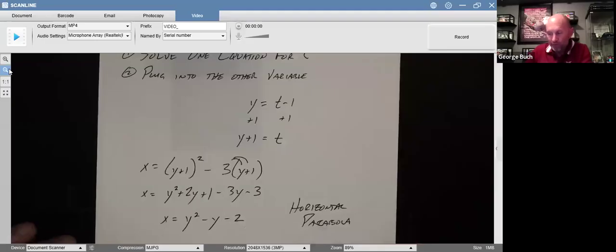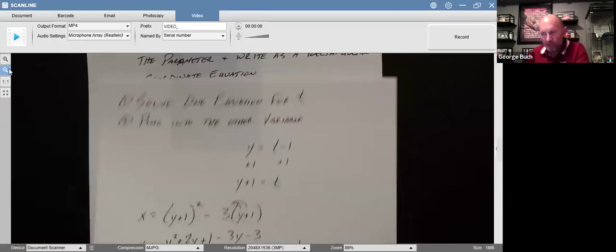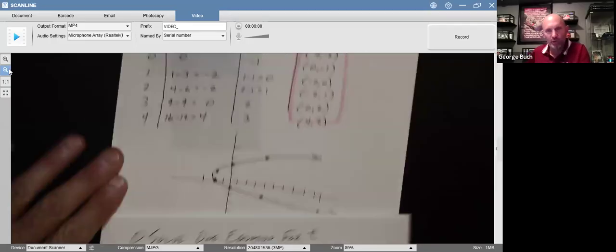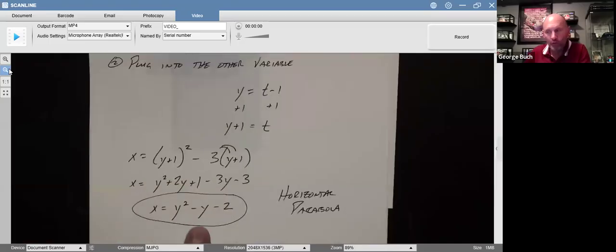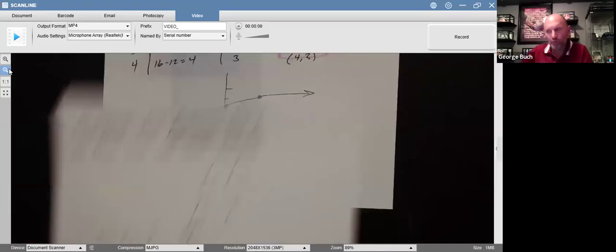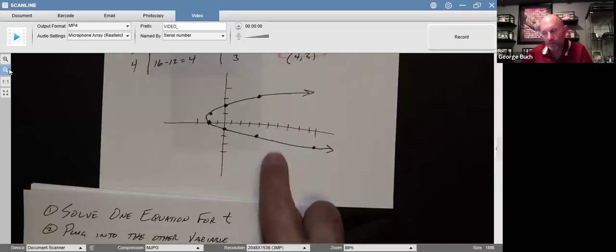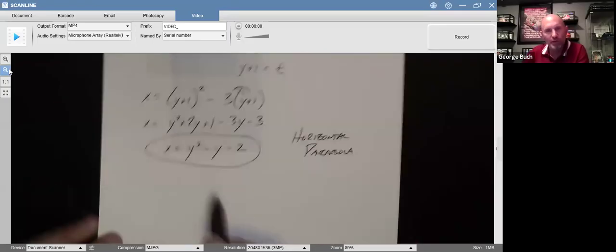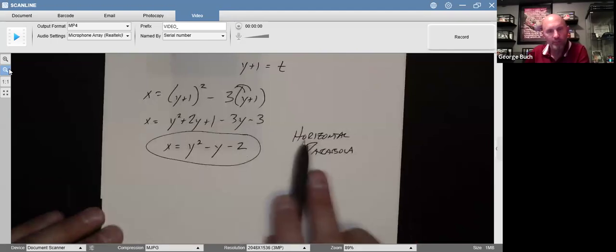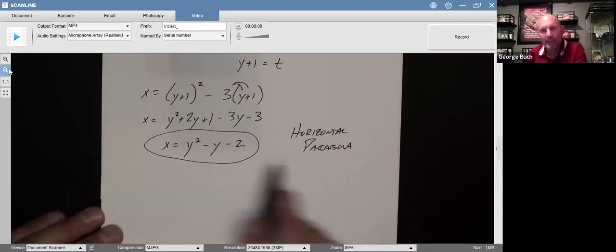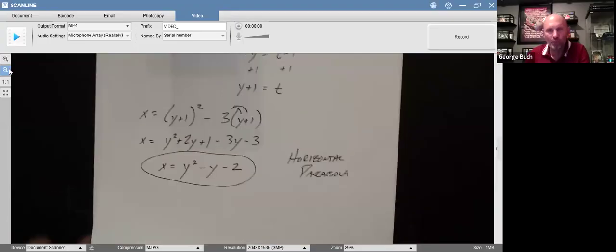And so this equation has to generate the same picture as the parametric equation. If this equation would have given me a circle, obviously it's not correct because what I want is a sideways parabola. And that's what this equation gives me, a horizontal parabola. So that's how we would eliminate that parameter in that situation.